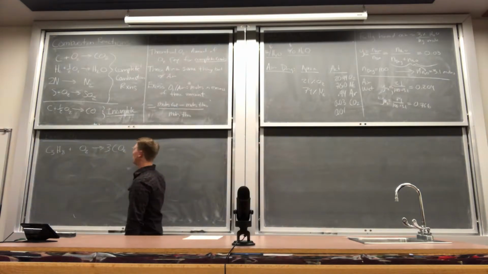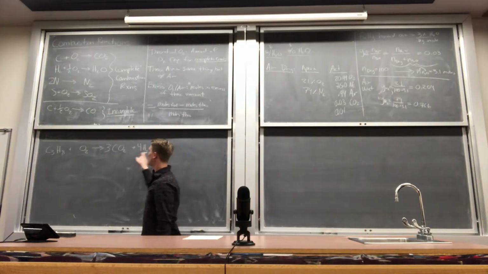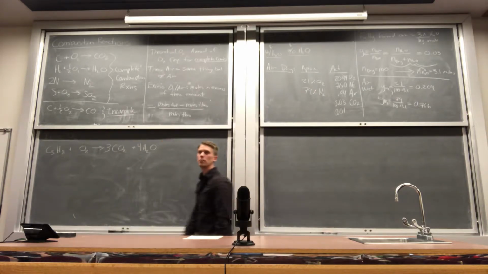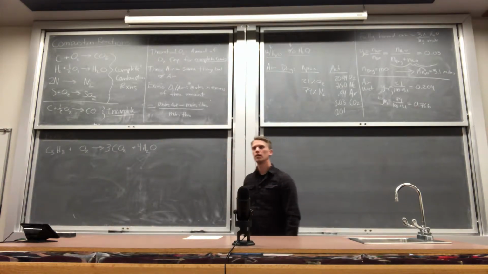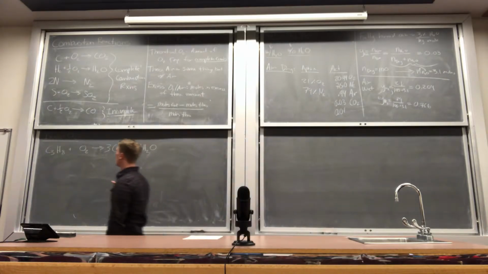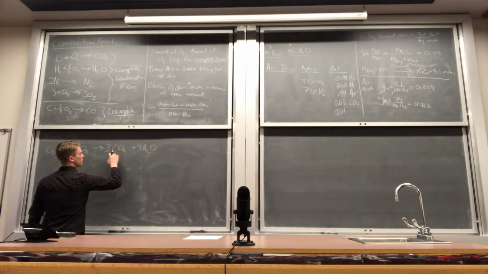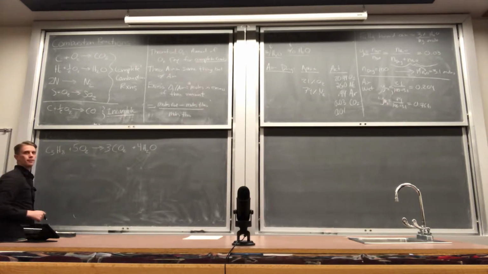How many waters do we need? 4. 4 times 2 is 8, 3 times 1 is 3. So that's an easy way to balance combustion reactions. Look at the carbon for the CO2, look at the water for the hydrogen, and then the oxygen is the last step. So we need 6 plus 4, that is 10, and that gives us 5.